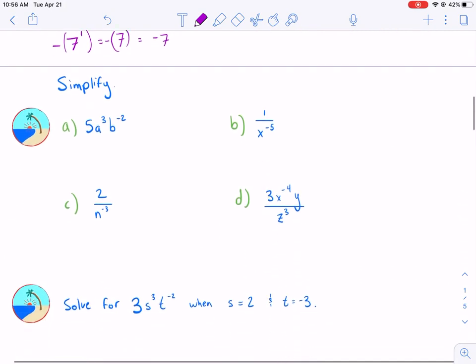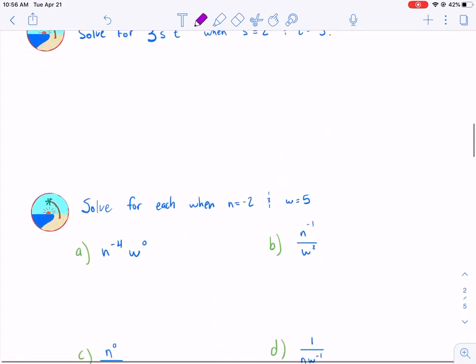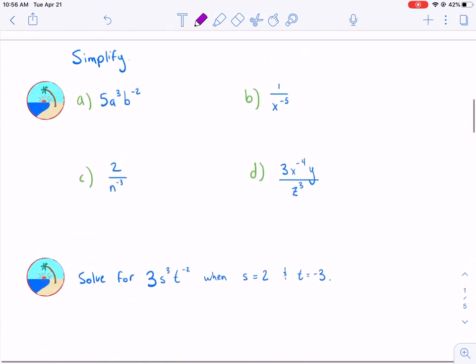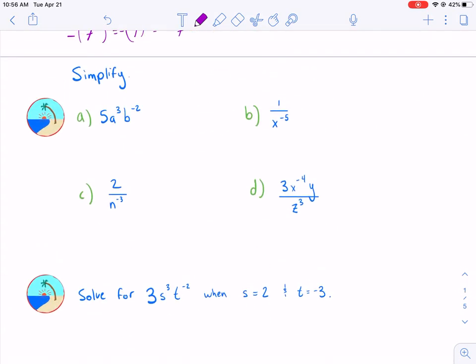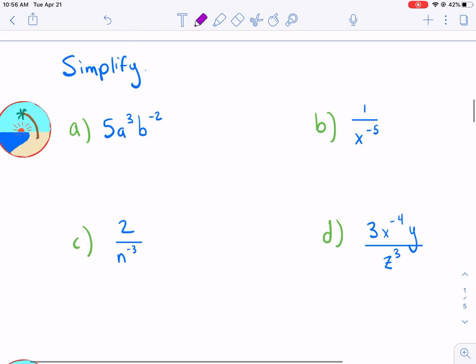Let's move on to some tougher examples. We're almost done. We only have about 9 examples left, and then we're done, okay? So anytime you see a negative exponent, you're going to want to rewrite it to be positive, okay? So these numbers are fine there, but it's only the negative 2 that needs changing.